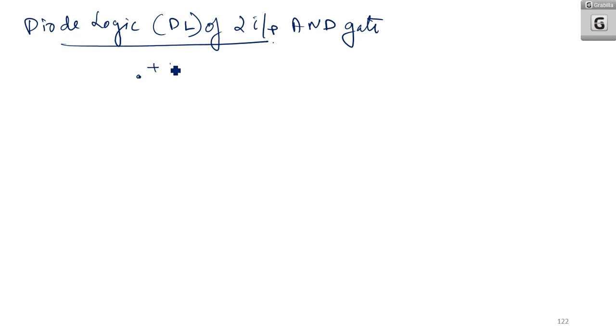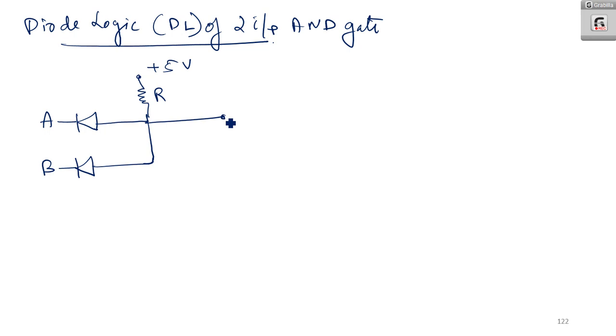So I am having a plus 5 volt supply. Two diodes are there, A, B. Okay. So here I am having a resistor of value R. Okay. I am connecting here and taking output at this point with respect to ground. Okay. So this is V0.